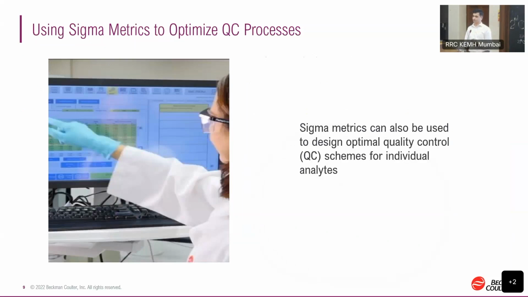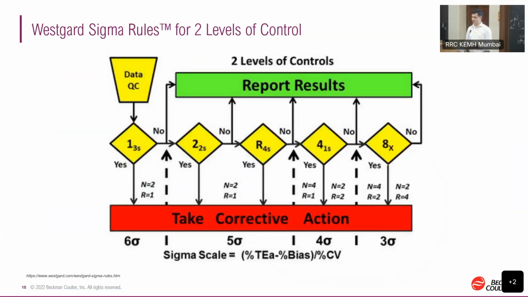You must have heard of Westgard rules. At the bottom, I have provided the resources as well, and in the last slide, I have collected all the references which I have taken from. So you might have heard of Westgard Sigma rules.